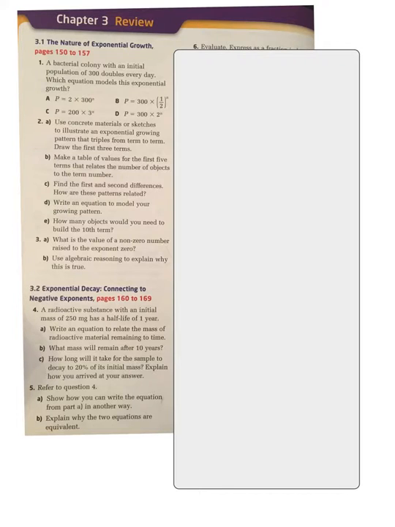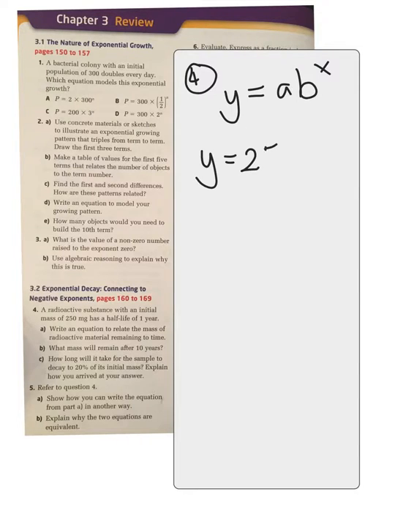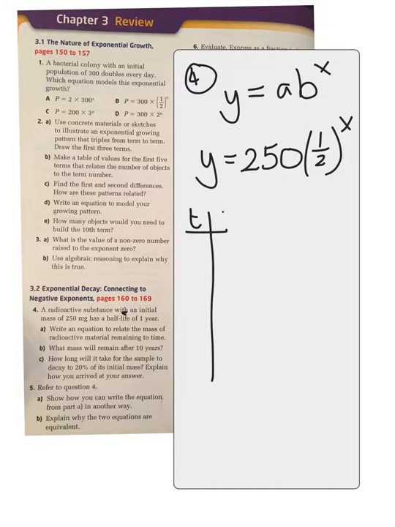Question 4, radioactive substance with an initial mass of 250, so that's your A value. So we know that y equals 250. And then B, it's got a half-life. Well, that means the number we're multiplying by each time is 1/2. So 1/2 to the x. Basically it's saying that t is years and weight is the weight after so many years.